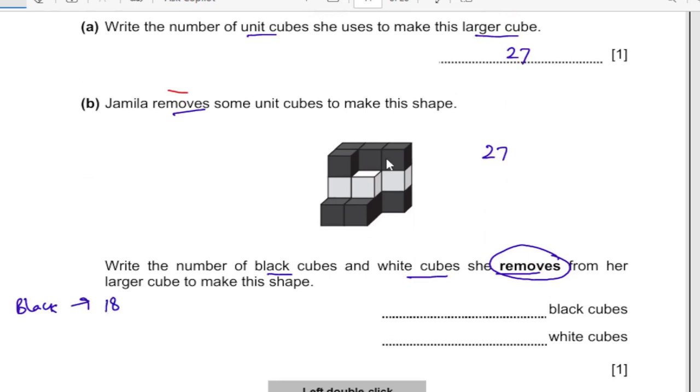18 minus how many were removed? If you see, 1 is removed from here, and 3 from here. 1 plus 3, 3 from this row, and then 1 from here, 3 from here, and 3 plus 2 from here, 5, and plus 3 here.